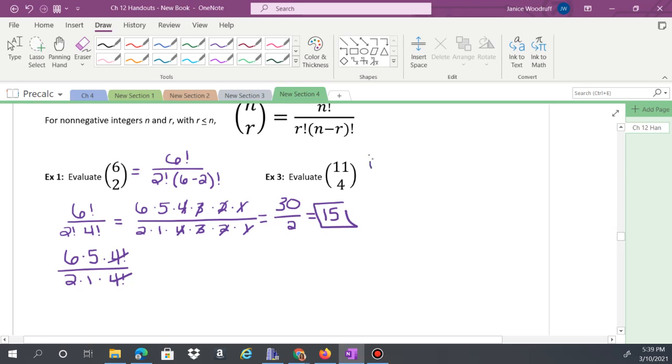This is actually, in your calculator, the combination formula. So in your calc, it is nCr. Here on my calculator, we go 11 C 4, like 11 choose 4.